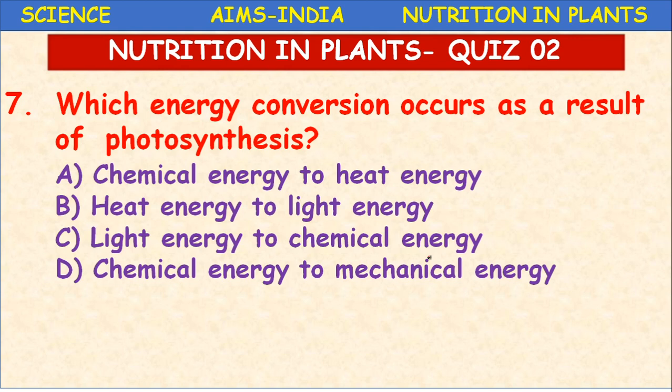Energy can be neither created nor destroyed, but it can be transformed from one form to another form. It is a universal law of energy. So here, during photosynthesis, light energy is converted into chemical energy during a photochemical reaction called photosynthesis.